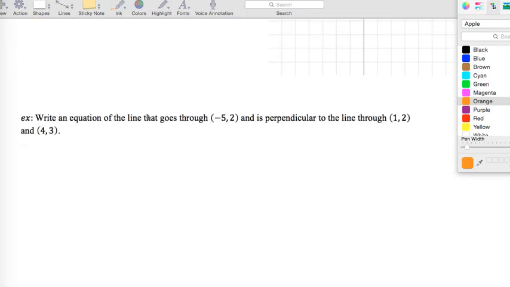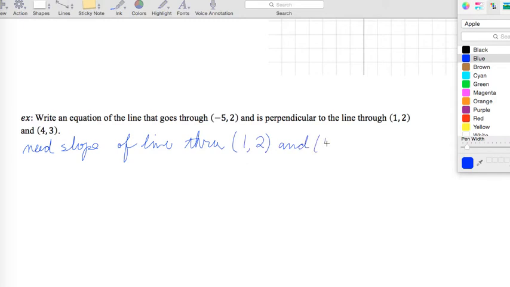And the last one here, write the equation of the line that goes through (-5, 2), and is perpendicular to the line through those 2 points. So first you need the slope of the line through those 2 points. And it goes through (1, 2) and (4, 3). So let's find that slope using y2 minus y1 over x2 minus x1.